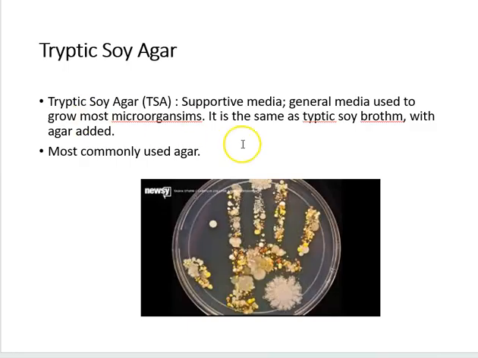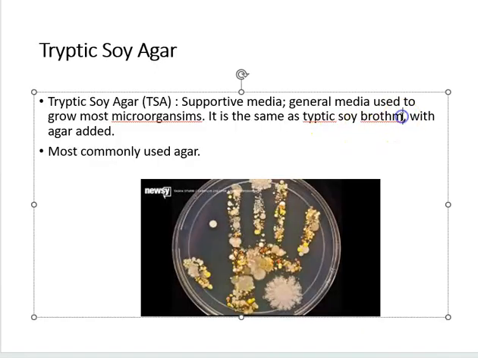I'm going to go through these. Tryptic soy agar, very supportive, general media, will grow most organisms. It's the same as the tryptic soy broth with agar added. It is the most commonly used agar. So you can see it, somebody put their hand down on this agar.